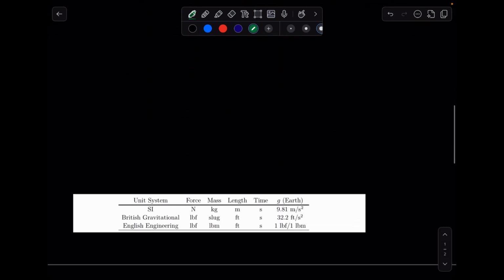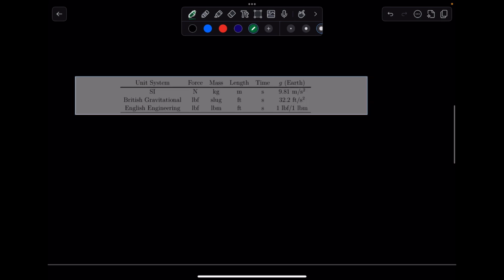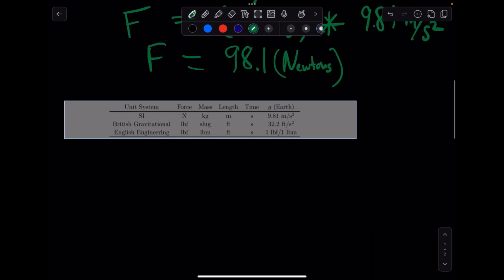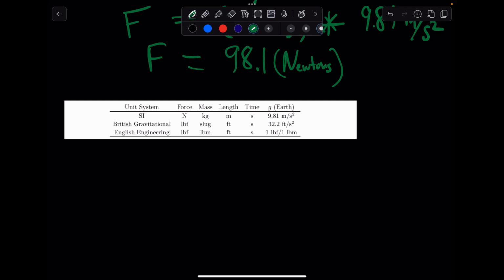Okay. So here we're going to do some more examples of this. And here's a little table that I found useful that might help you guys out a little bit. Imagine we have a 5 kilogram object. Let's call it a 5 kilogram sack of potatoes.